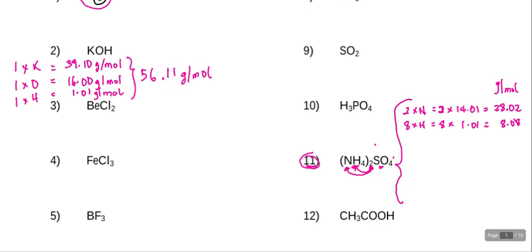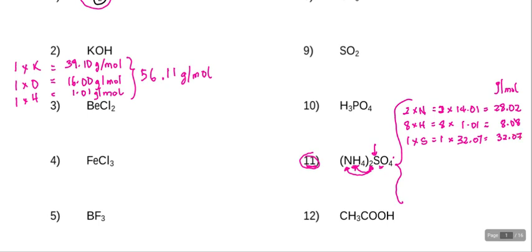Now I'm going to take a look at what else I have. I've got just one sulfur, so that's 1 times sulfur. I'll take a look at my periodic table, and sulfur is 32.07, so that's going to be 1 times 32.07, which should give me 32.07.